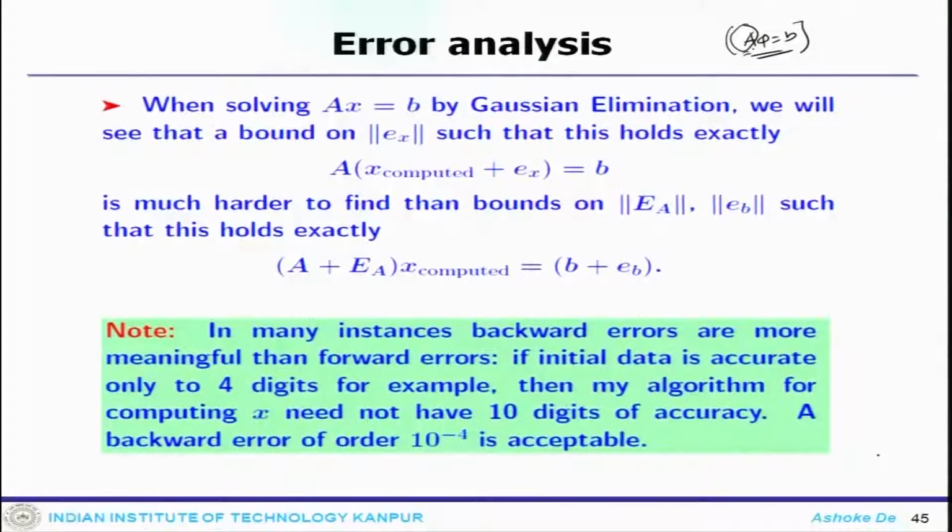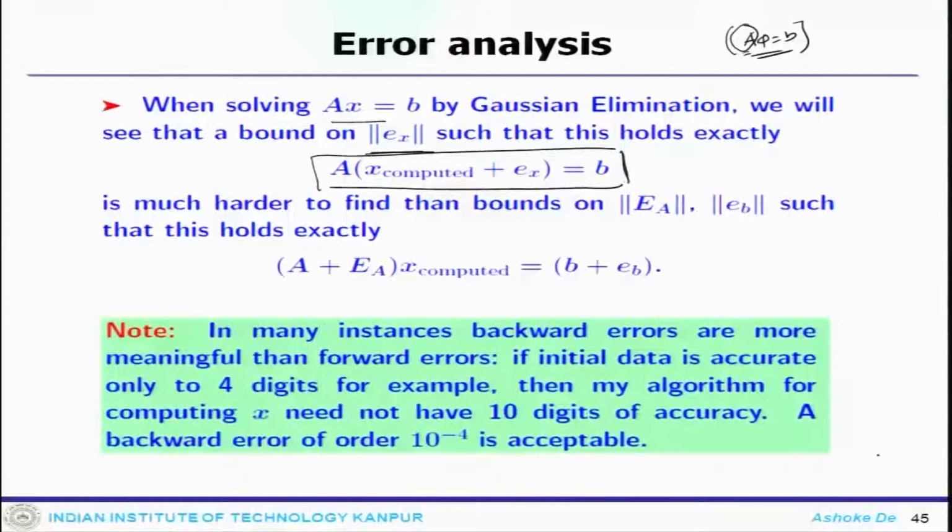When you try to find the solution for A x equals B, one very common approach is Gauss elimination, and while solving through Gauss elimination, we see that the bound on the error norm would be like this, A x computed plus E x.